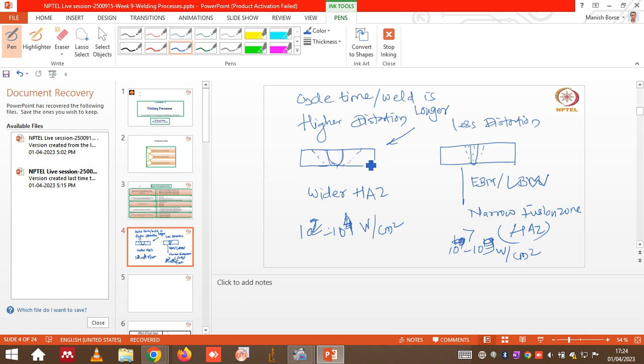So if we consider the heat affected zone in conventional arc welding processes, it is the material surrounding the fusion zone, which is affected by the higher heat input. In the center zone we can add some external heterogeneous nucleating agent, like particles that are stable in the molten metal.